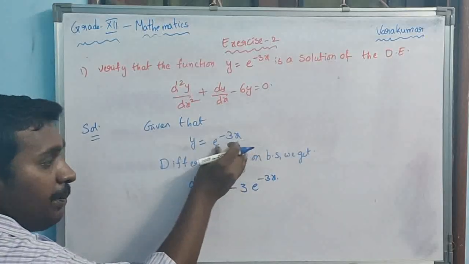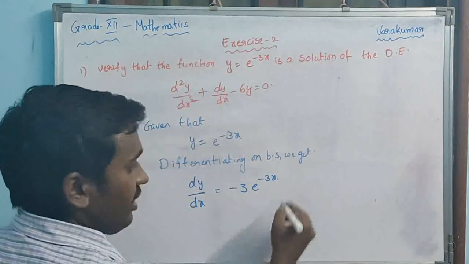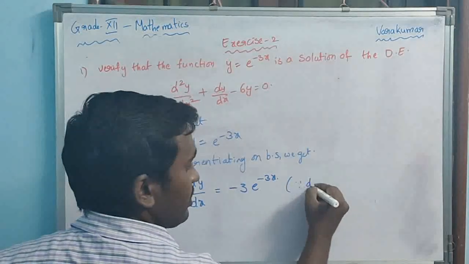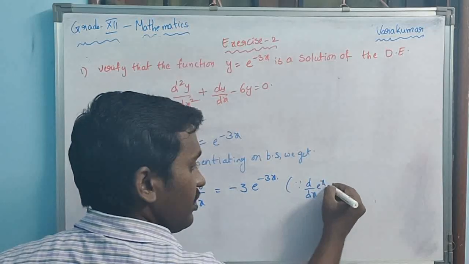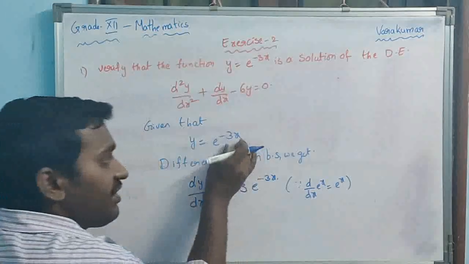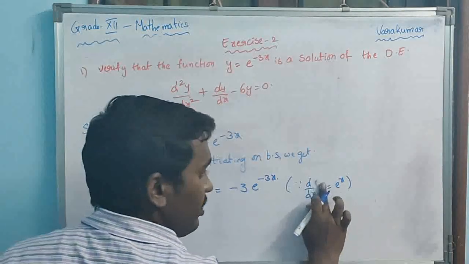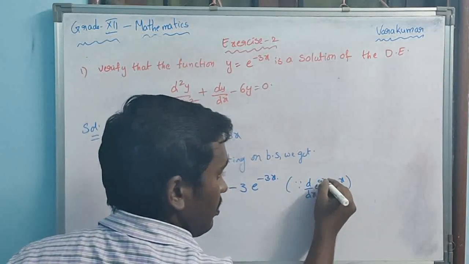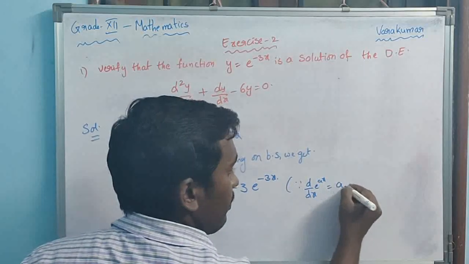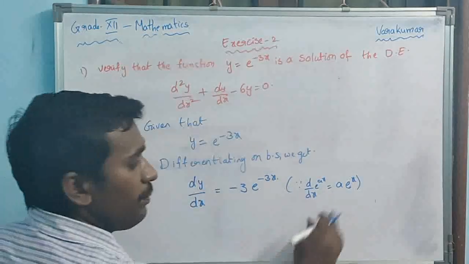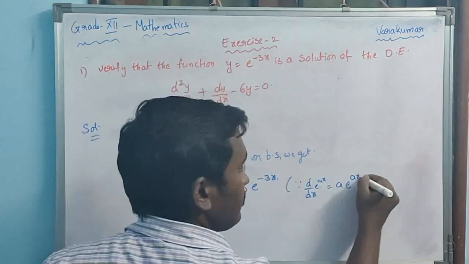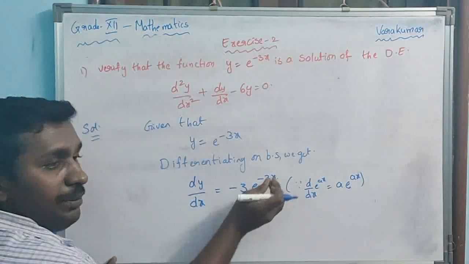Because the differentiation of e power x is e power x only, but whenever a coefficient is present, e power ax, the differentiation becomes a e power ax.